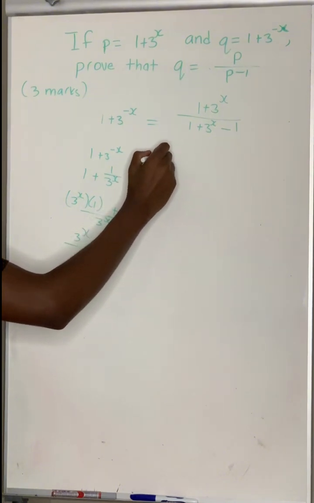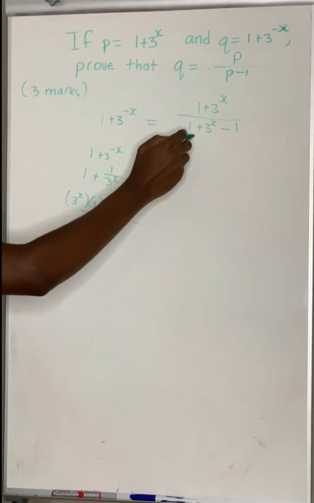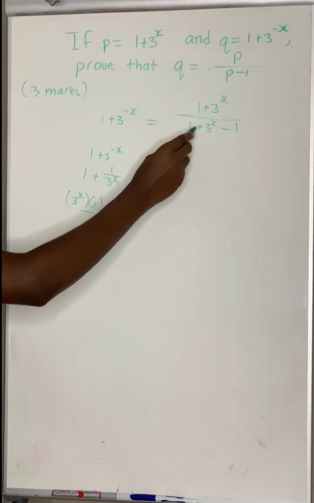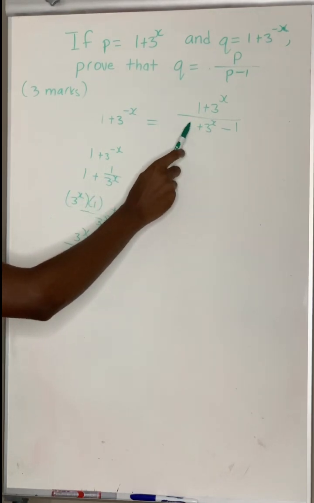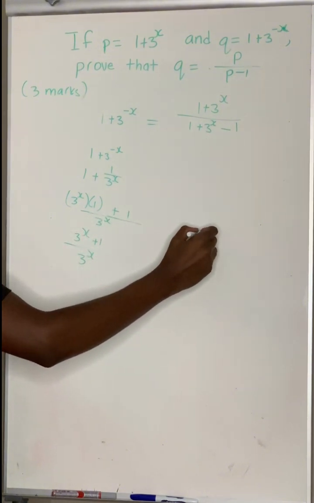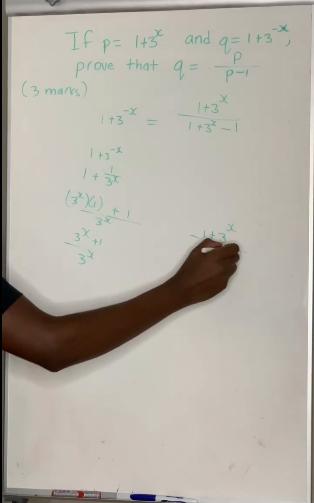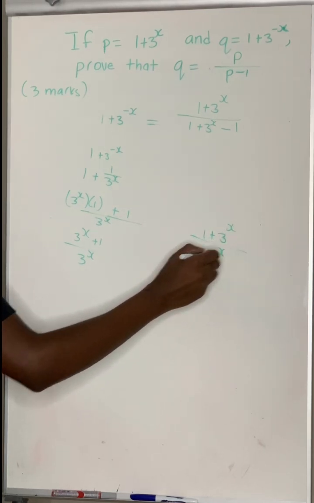On the right hand side, we have 1 plus 3 exponent x, all of that divided by 1 plus 3 exponent x minus 1. Now in the denominator, we have 1 and then minus 1. These two can cancel each other out, so we're going to be left with 1 plus 3 exponent x, all of that divided by 3 exponent x.